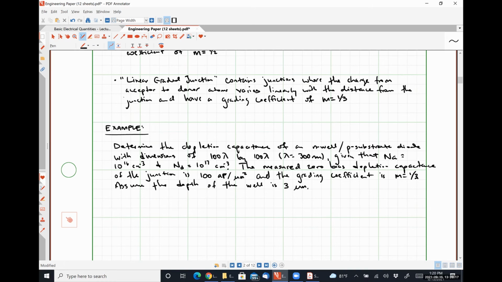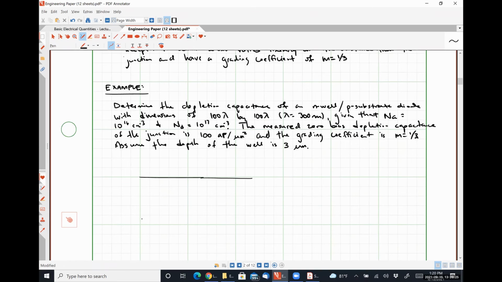So let's say I'm going to draw the same picture again, over and over again for a little bit here. Here's our substrate. Here's our N well, right?